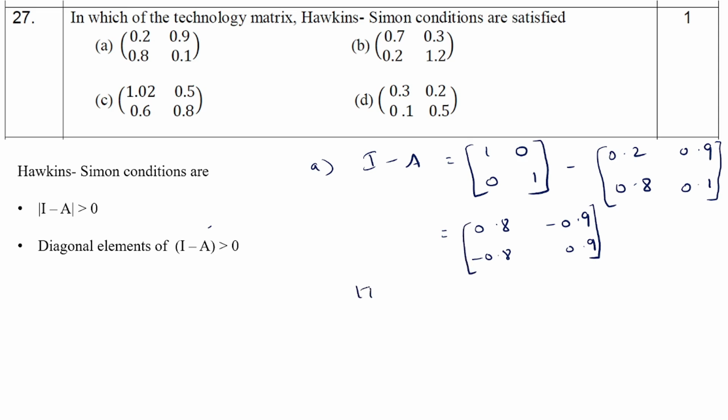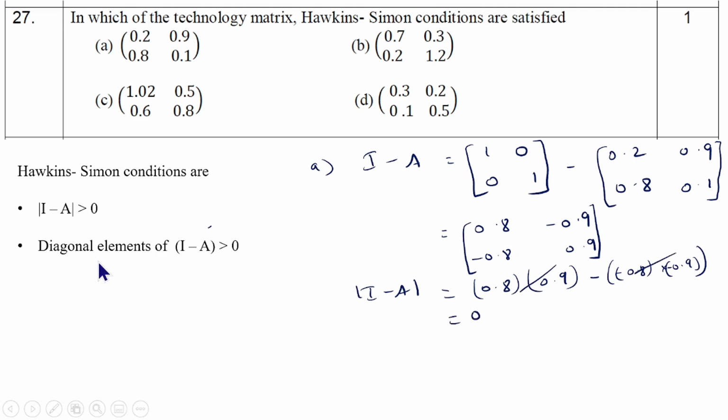So here if we find the determinant of I minus A, we get 0.8 into 0.9 minus of minus 0.8 into minus 0.9. So here minus into minus becomes plus. So these two will cancel out and we get this is equal to 0. So here the Hawkins-Simon condition, the first condition itself is not satisfied. So we cannot take A.